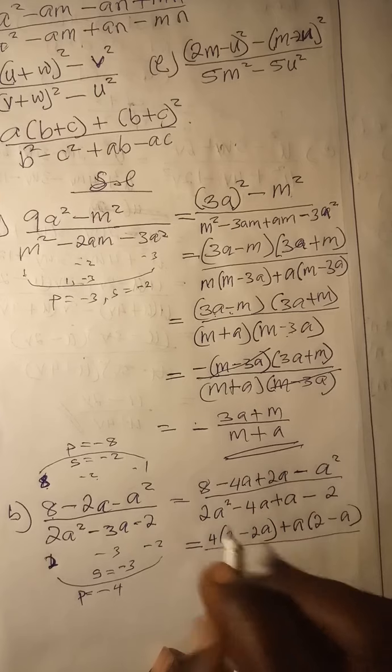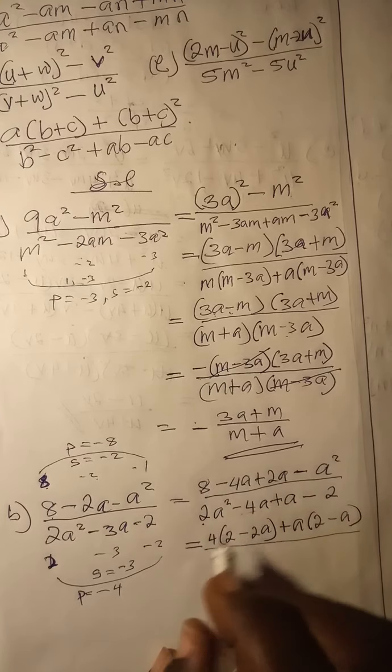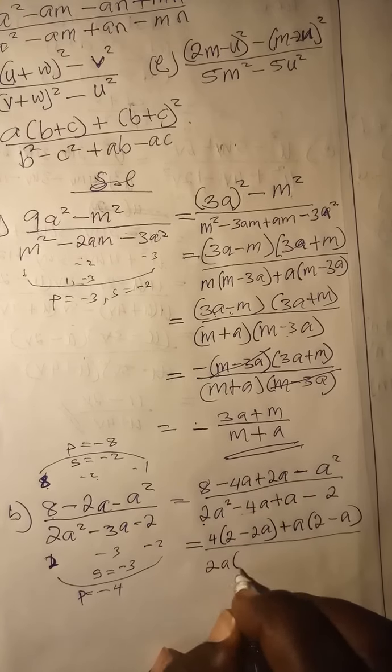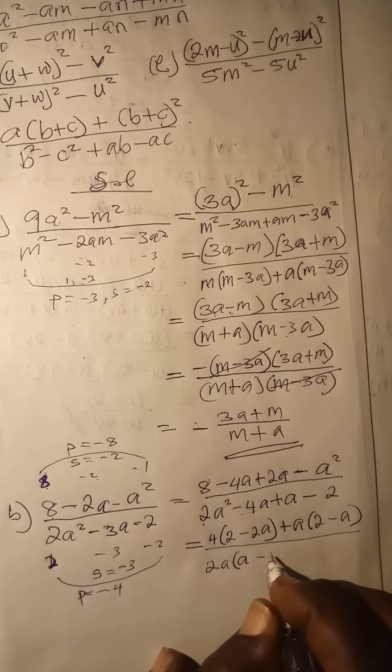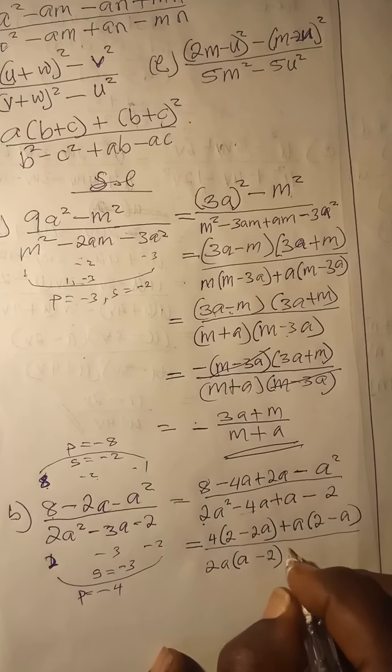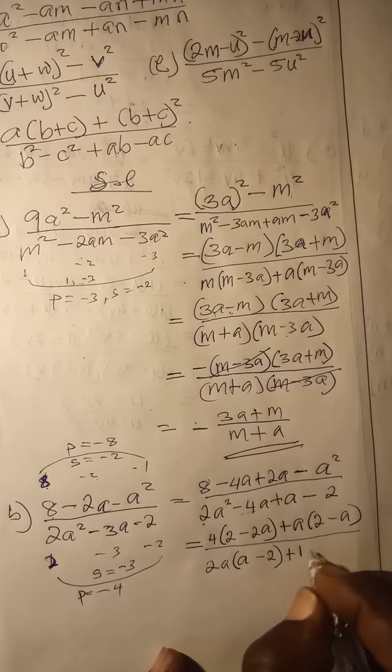Over, I can factor out 2a here. 2a bracket a minus 2. Then plus, nothing to factor out here other than 1.